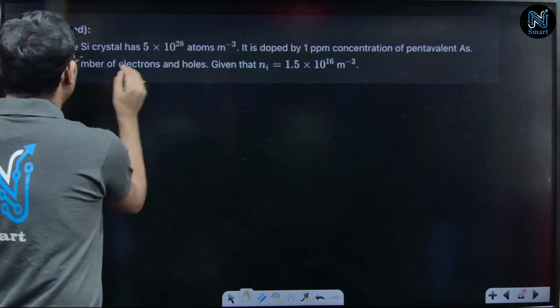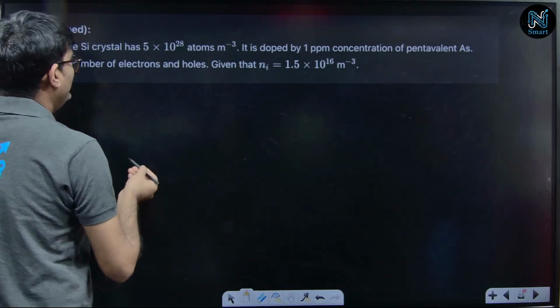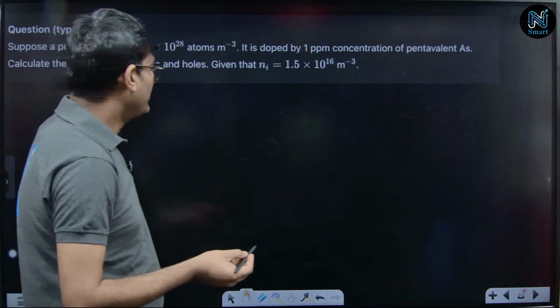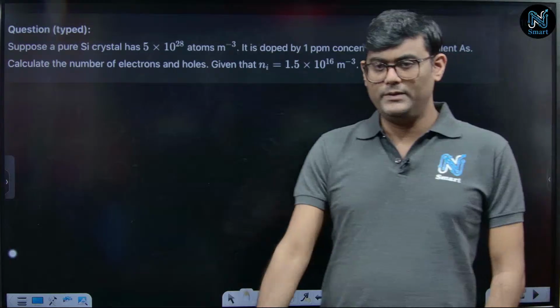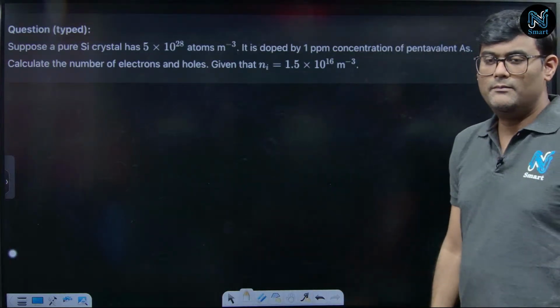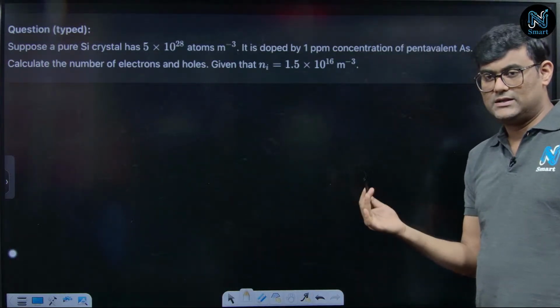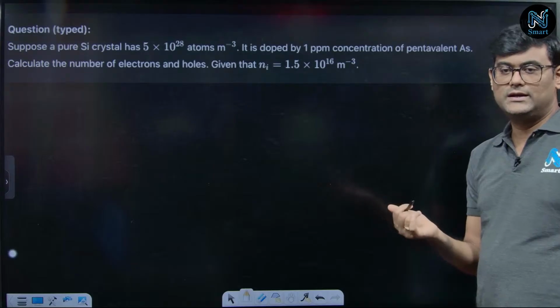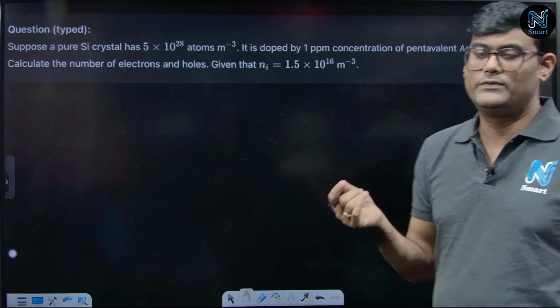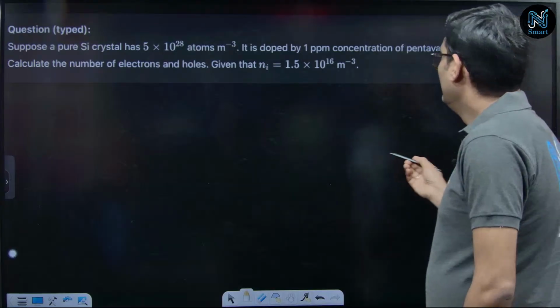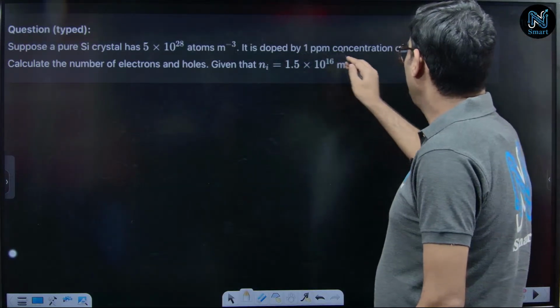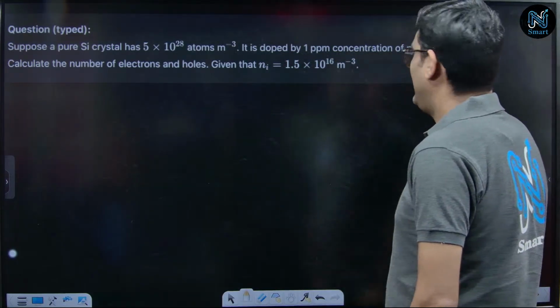It is doped by 1 part per million. ppm means parts per million, that means if you consider 10 power 6 atoms, then 1 atom of the dopant is added to that, right? It is doped by 1 ppm concentration of pentavalent impurity.